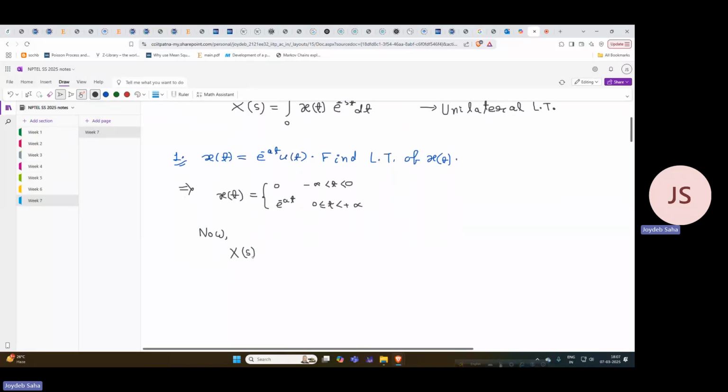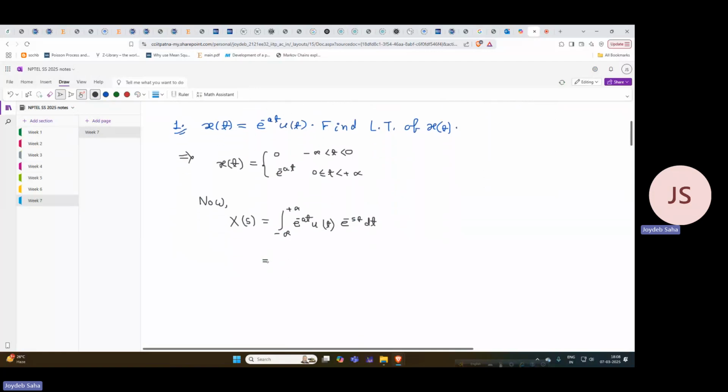X(s) is equal to, if we write minus infinite to plus infinite, e to the power minus at u(t) multiplied with e to the power minus st dt. Fine.